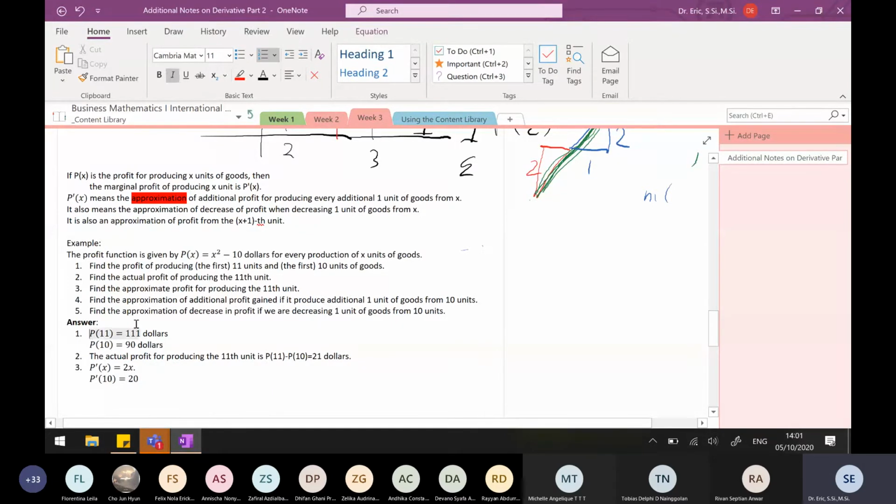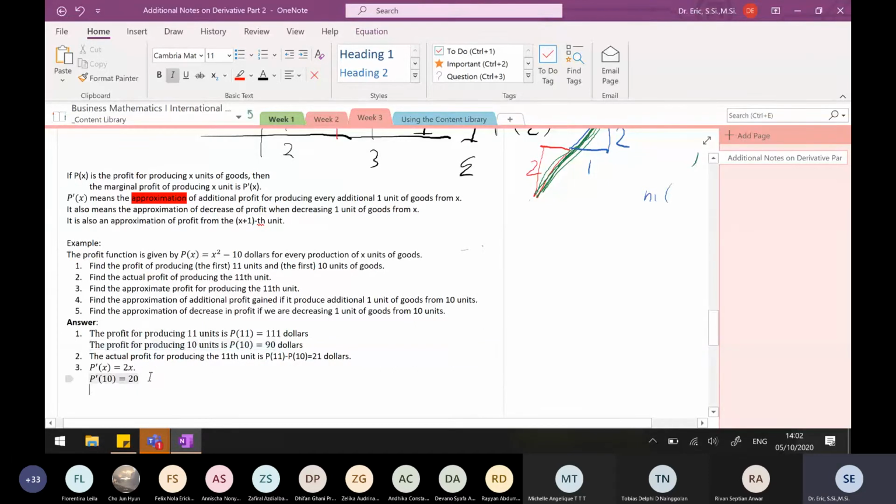Okay, maybe the profit for producing 11 units is, and always use full sentences in your answers.